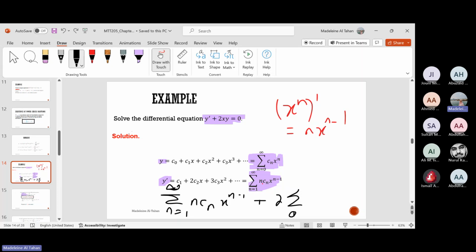We can write it. So here we have 2x, and here sigma Cn x^n equals 0.